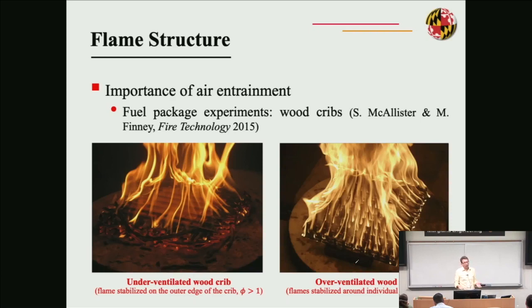The picture on the right corresponds to an elevated wood crib. So now you have more entrainment because you have entrainment from the bottom surface of the wood crib. So this same wood crib is now better ventilated. And now you have overventilated conditions, and you can see in the picture that the flame structure has changed.